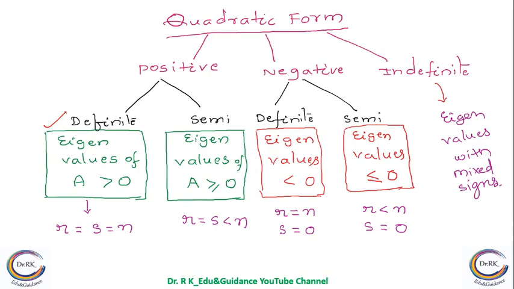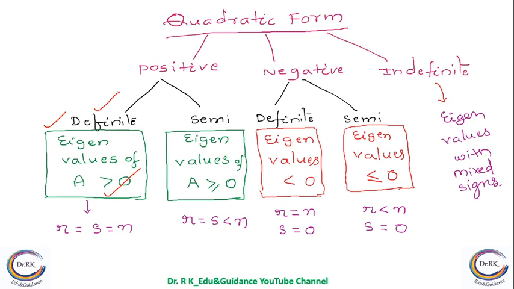As discussed, we already know eigenvalues. Take the matrix A, take determinant of A minus lambda I equal to 0. When we solve it, we'll have the eigenvalues. No need to go for eigenvectors, just eigenvalues are enough. So if all eigenvalues are positive, then it is positive definite.